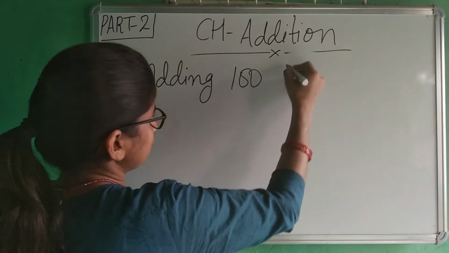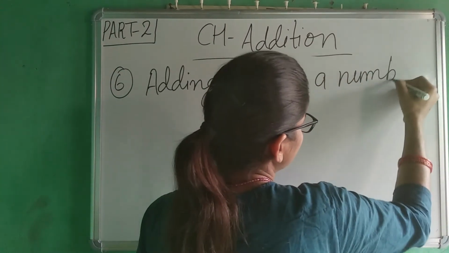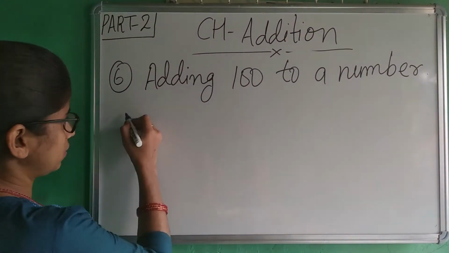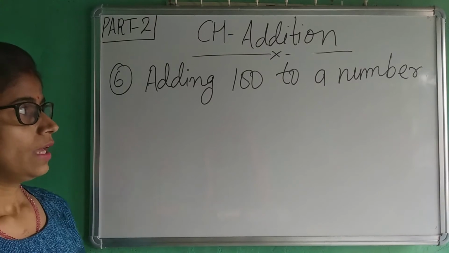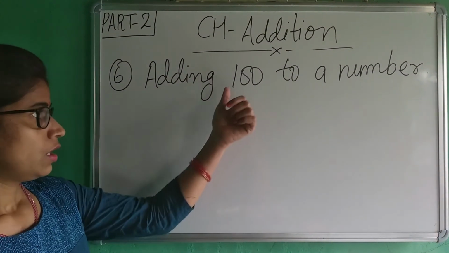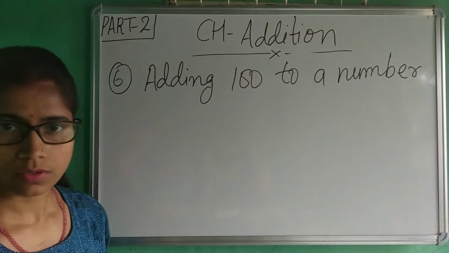100 to a number. What will happen when you add 100 to a number? As in the previous property we have discussed, the same rule will follow here also. Okay?